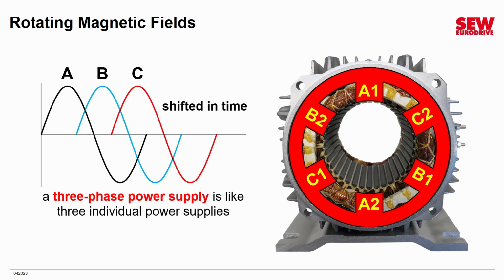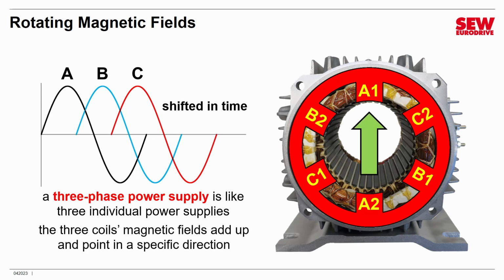They generate a magnetic field, and those 3 magnetic fields interact with each other, and they sort of average out so that they're pointing in a particular direction, which is what this arrow represents. It represents the direction the magnetic field is pointing. So at some point, the magnetic field is pointing between A1 and A2. However, as the power supply phases change in voltage and current, the magnetic field changes too.